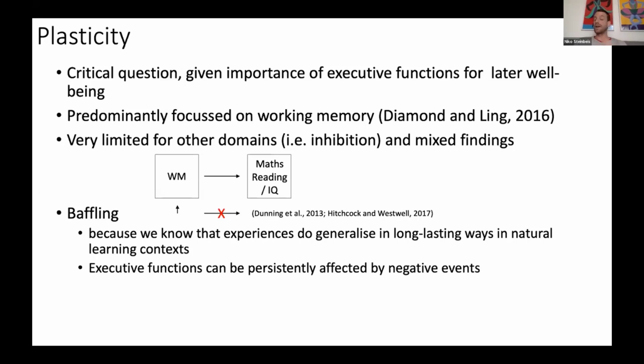So stress, for instance, can really impact cognitive control in long-lasting ways. So why is it so hard to really improve and train cognitive control in long-lasting ways? The main question that we've pursued in our lab is whether improving cognitive control transfers to other domains, and if it does, whether it's also durable.